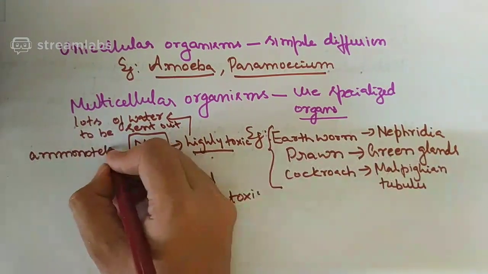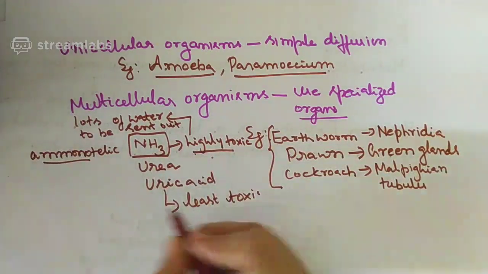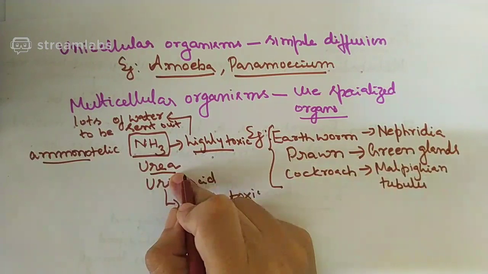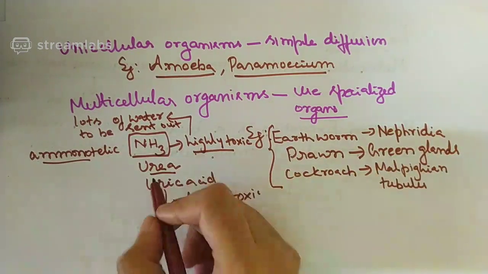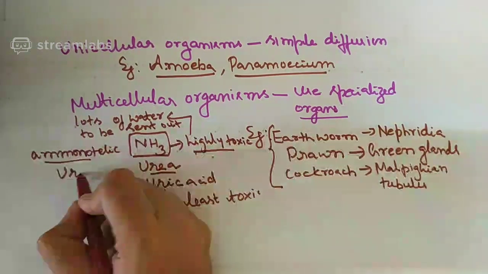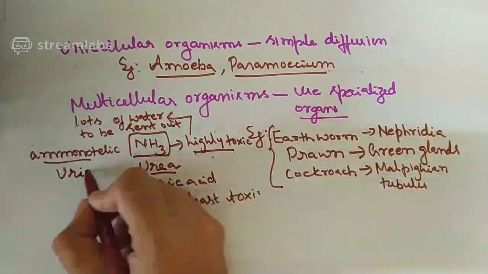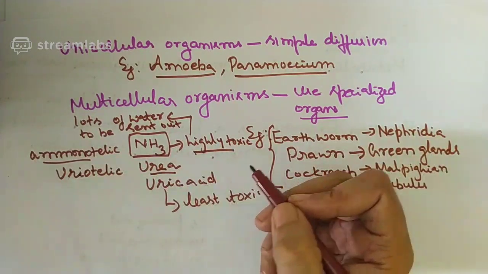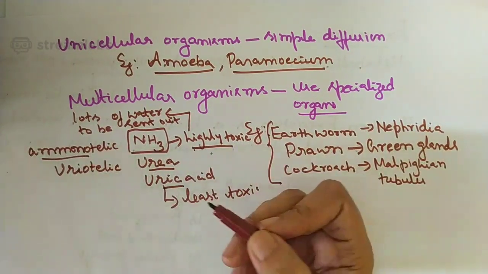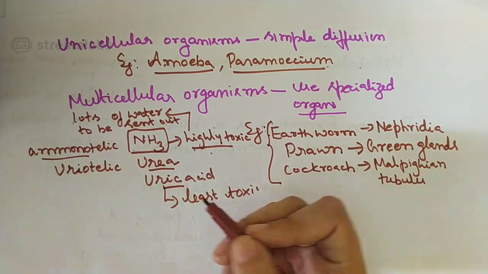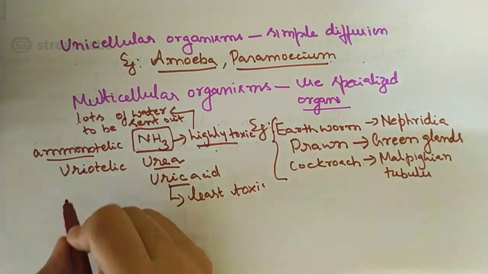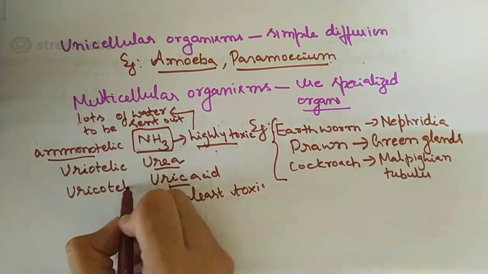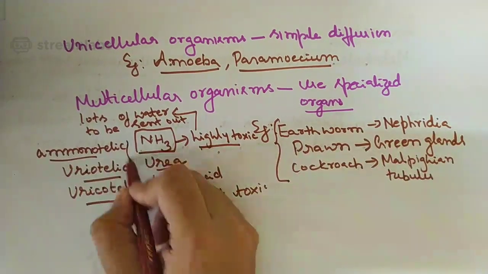Ammonotelic organisms are the ones which excrete ammonia. Our nitrogenous waste product is urea. We are ureotelic. We excrete urea. And birds or some reptiles excrete uric acid. They are called uricotelic organisms.